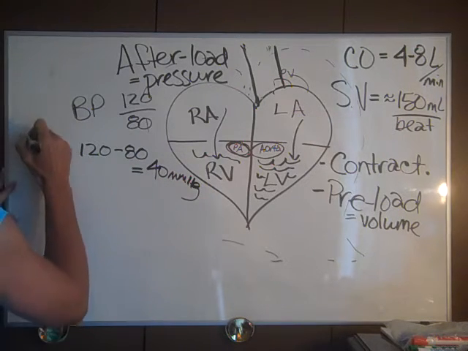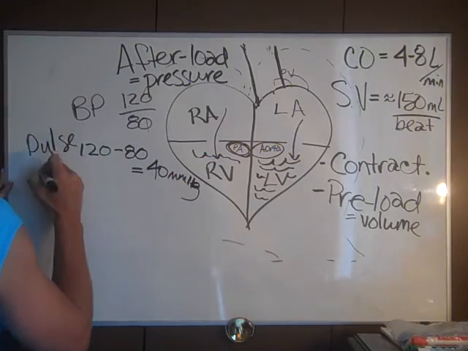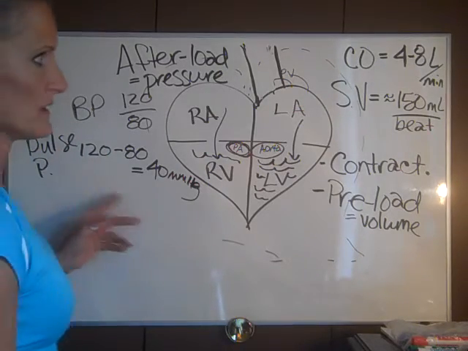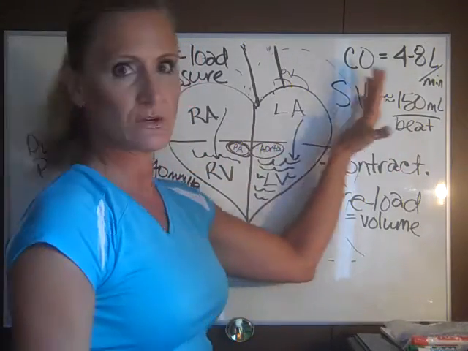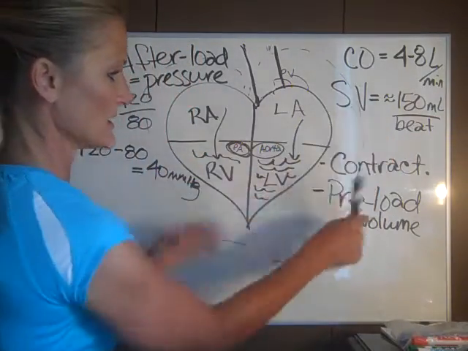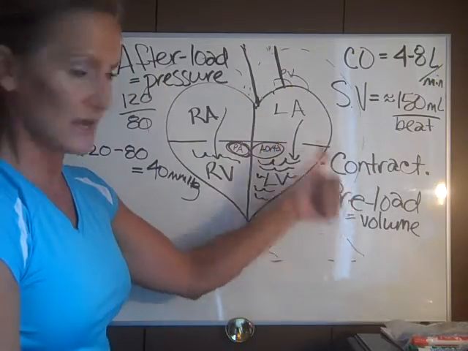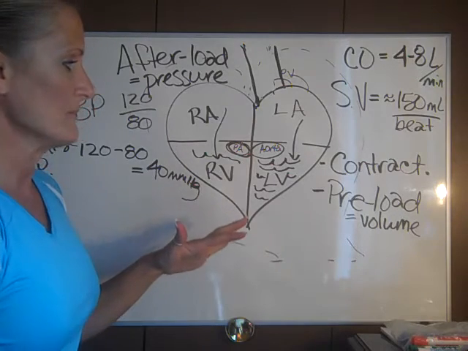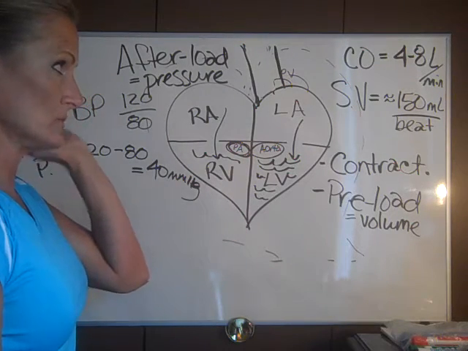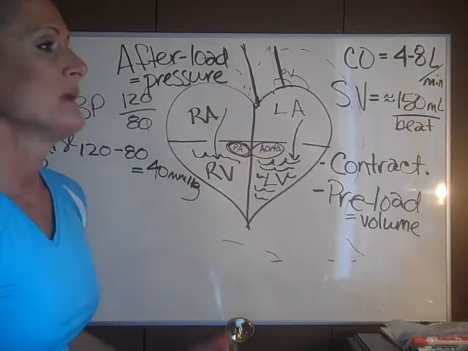Pulse pressure is a pretty good indication of your stroke volume. You can kind of tell what your stroke volume is doing, but your stroke volume is all based on contractility, preload, and afterload. So you need to understand those concepts.